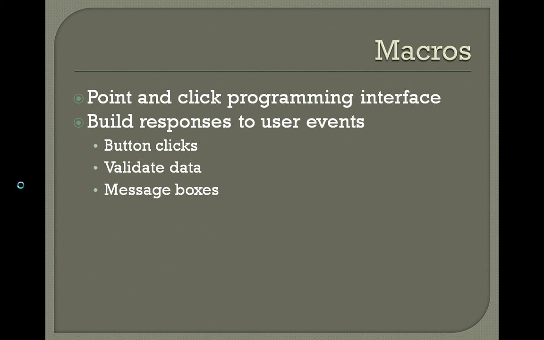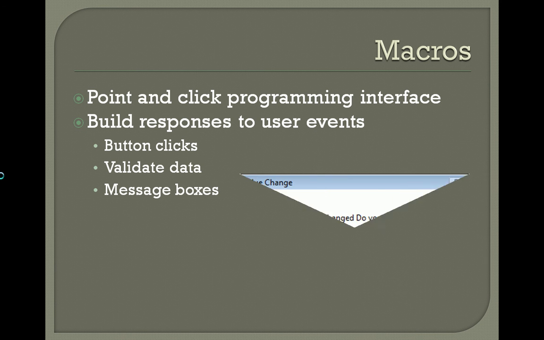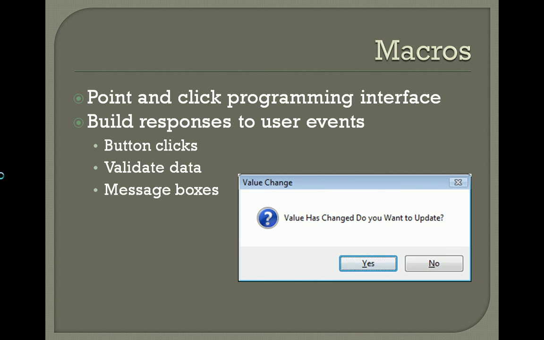And allows us to give message boxes to our users, and everybody's seen a message box at one point if you've gotten this far in life. Right? Something like that, right? The value has changed. Do you want to update? Either yes or no. And depending on which button you click, certain programming code is executed.